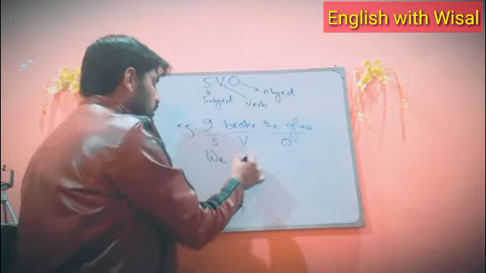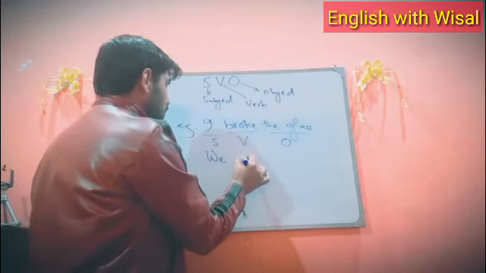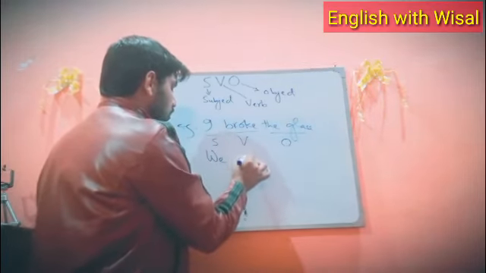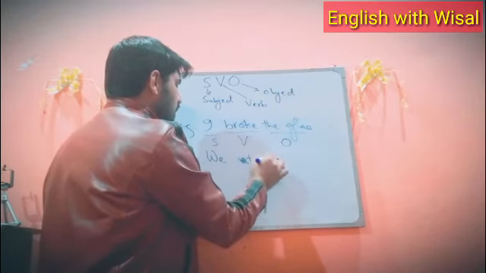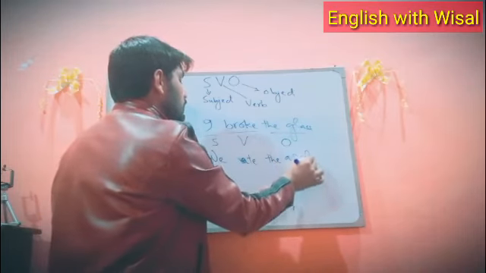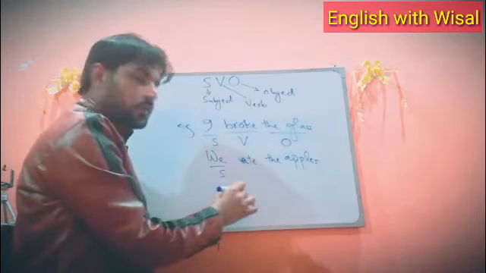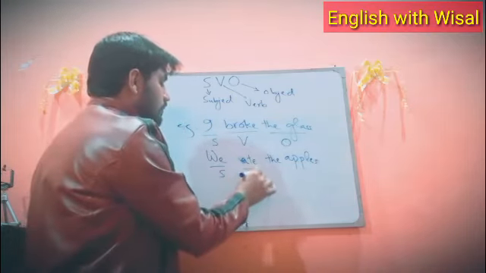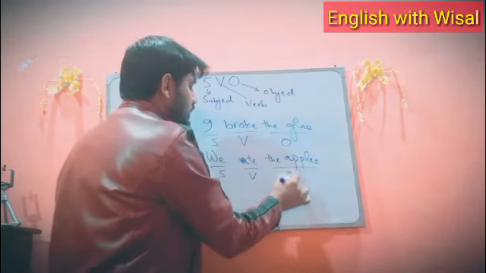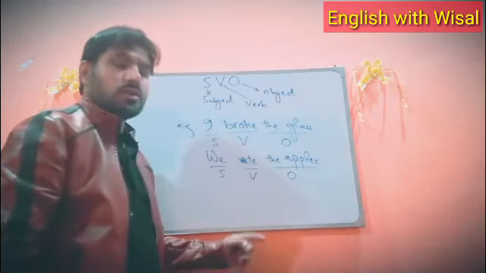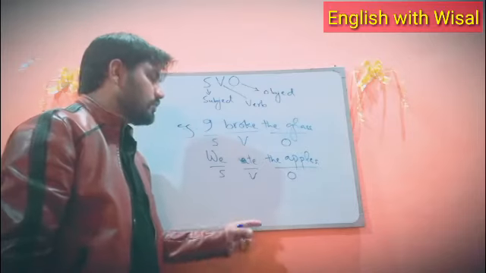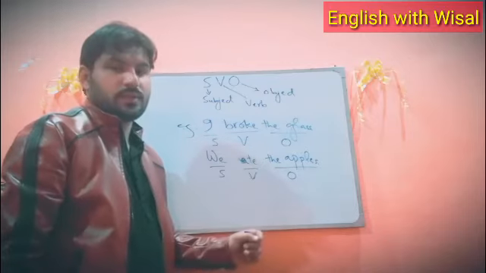We ate the apples. So in this sentence, we is the subject, ate is the verb, and the apples is the object, because the action is performed on the apples.